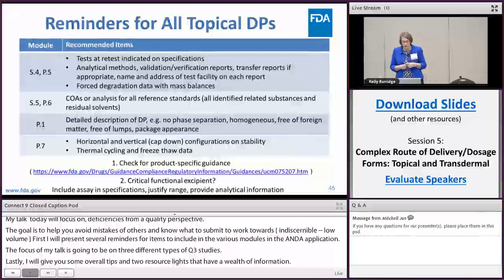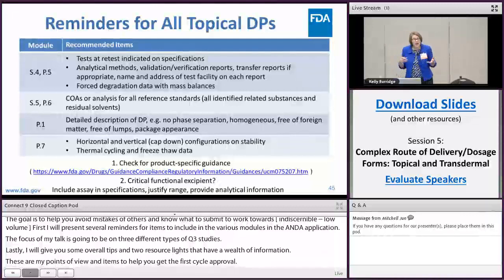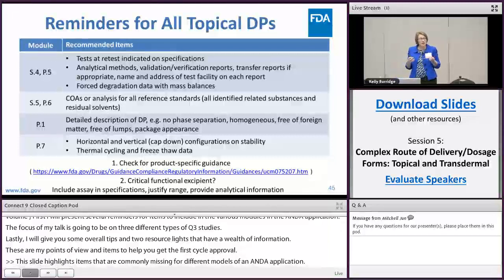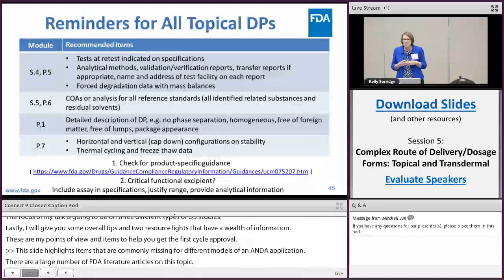This slide highlights items that are commonly missing from different modules of an ANDA application. There are a large number of FDA literature articles on this topic. They are penned by FDA authors, and they are listed on resource slide 1.